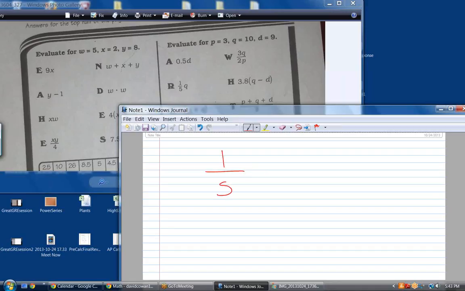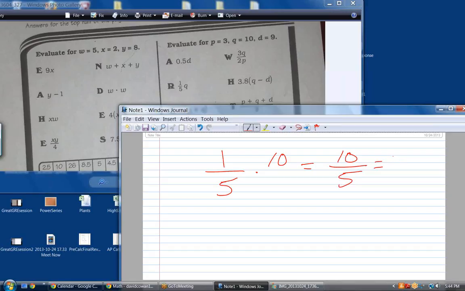So then you multiply 10 by 1 and 5 by 1? Yeah, basically. In other words, you always know there's a hidden 1 under there, even though it's not written. So this becomes what? It becomes 10 over 5. Which becomes what?